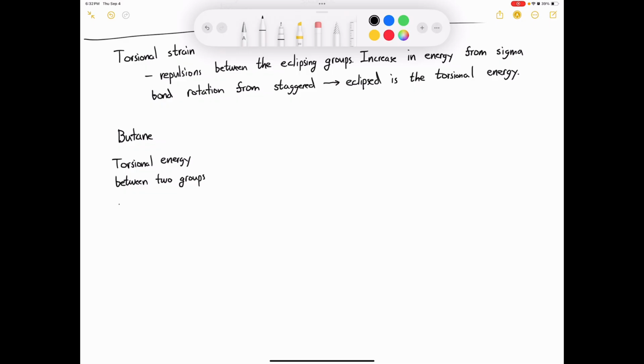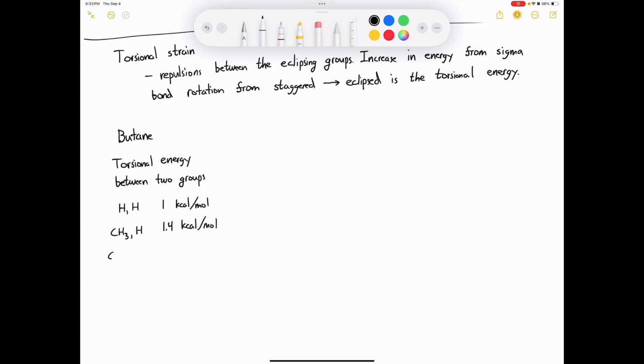If you have an H interaction here, the energy is 1 kcal per mole. If there's a CH3 and an H group interacting, it's 1.4 kcal per mole.